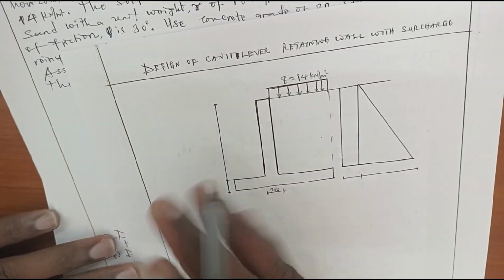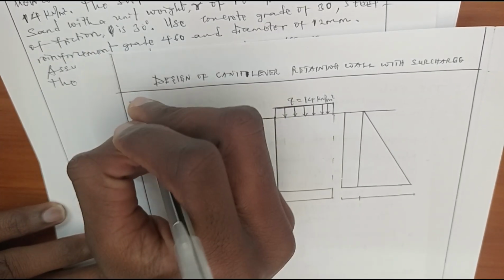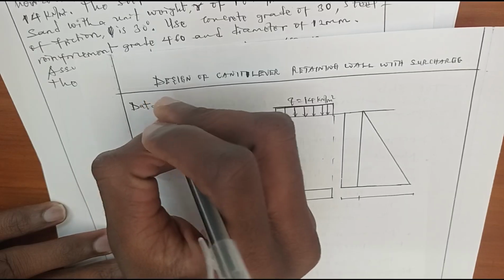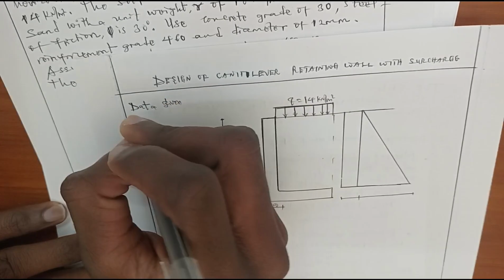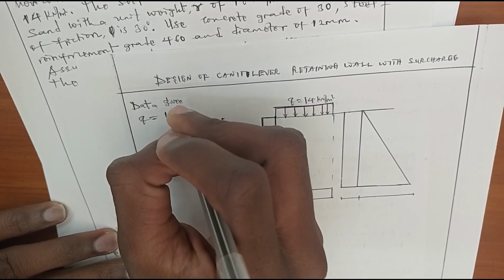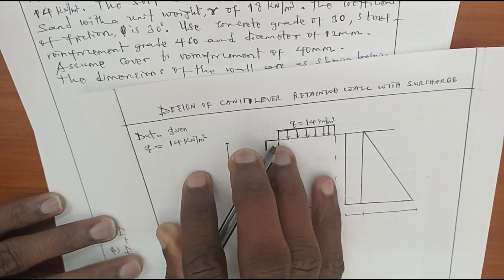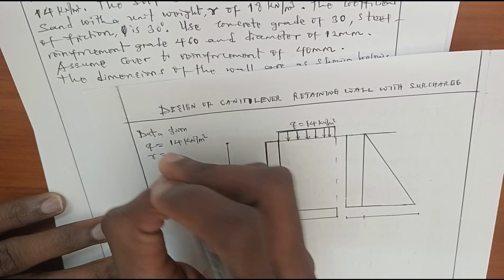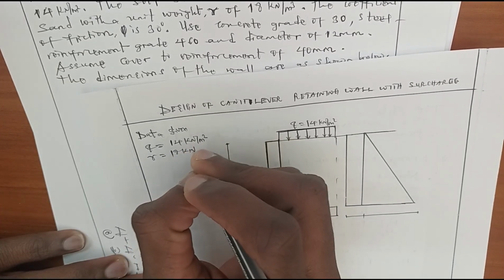Data given. Let's first analyze our data to be used for the design. We have a surcharge of 14 kilonewton per meter square. Also, we have the unit weight of soil of 18 kilonewton per meter cube.